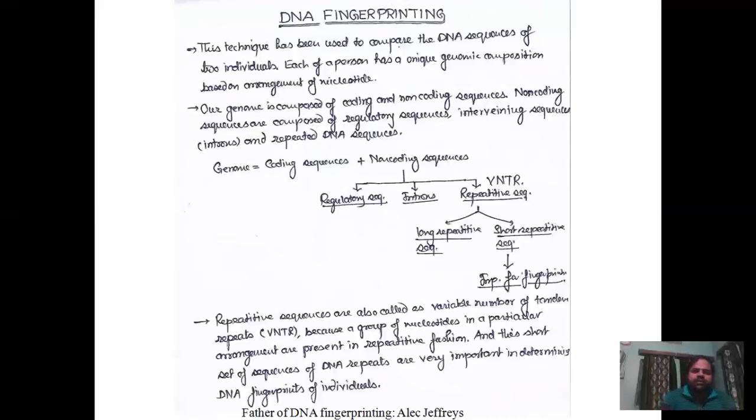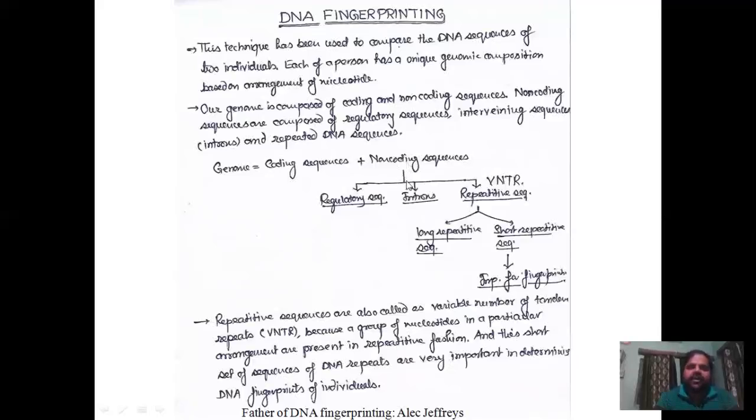The genome is composed of two kinds of sequences. First is coding sequences, which transcribe into protein, and the second is non-coding sequences, which are not directly involved in the encoding of protein.